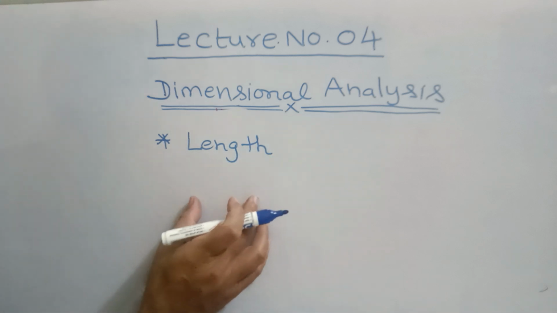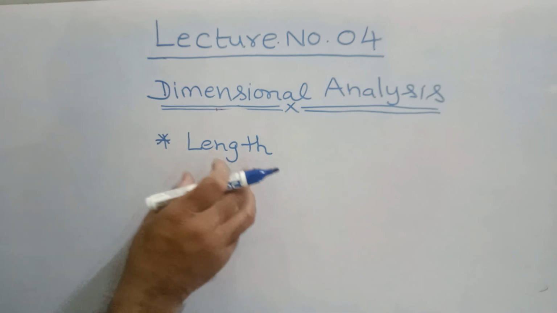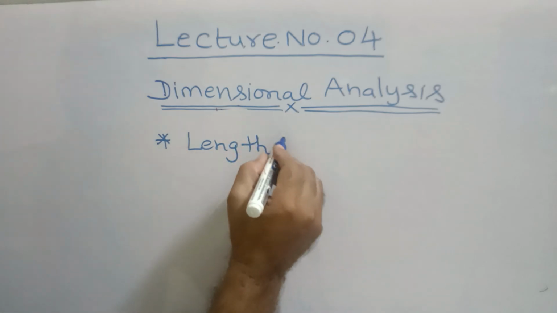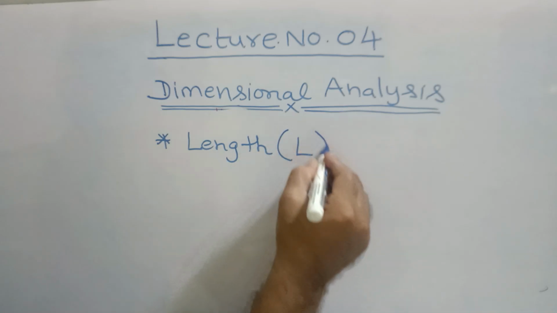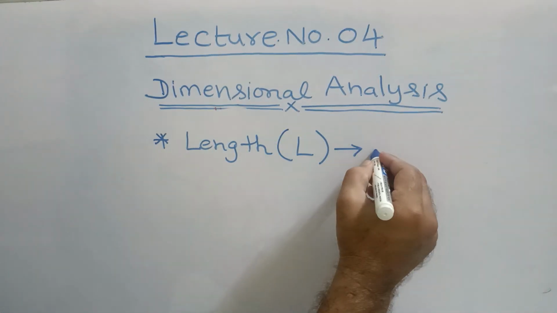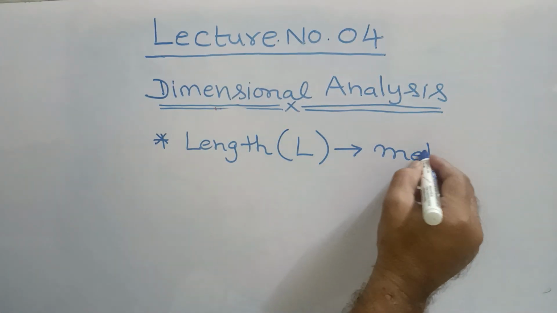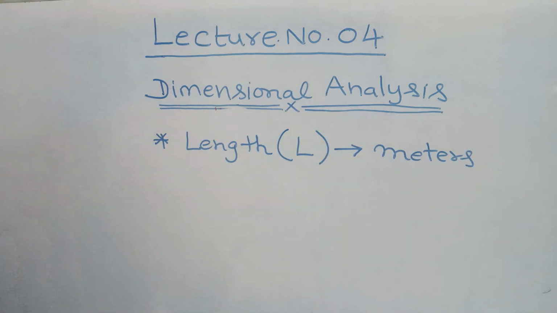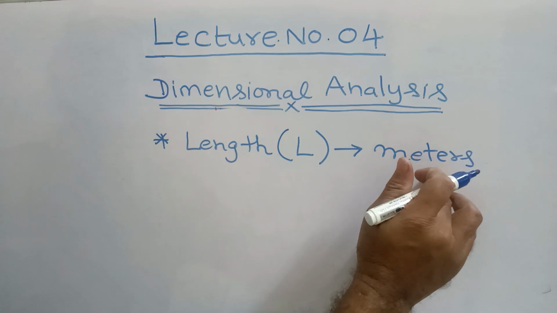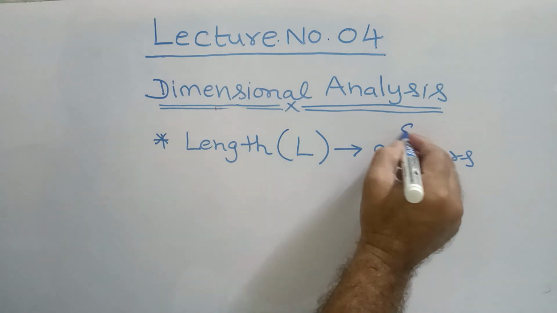Length is one of the fundamental quantities. It is identified as L, and it is measured in meters. Meter is the SI unit.